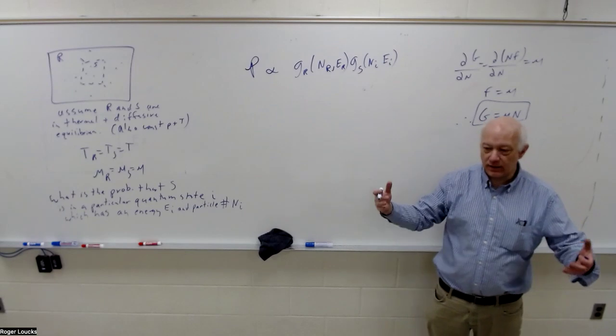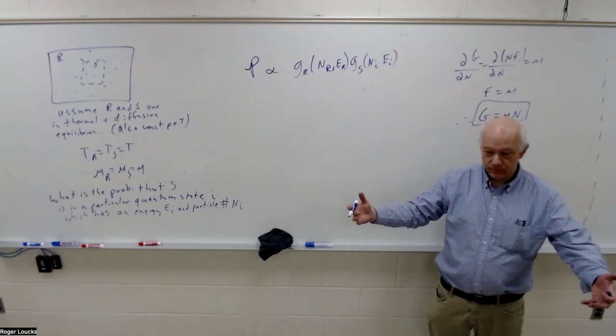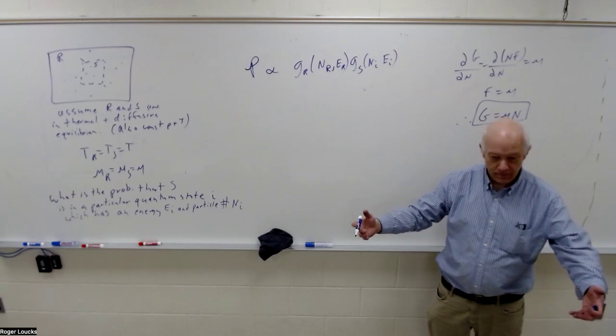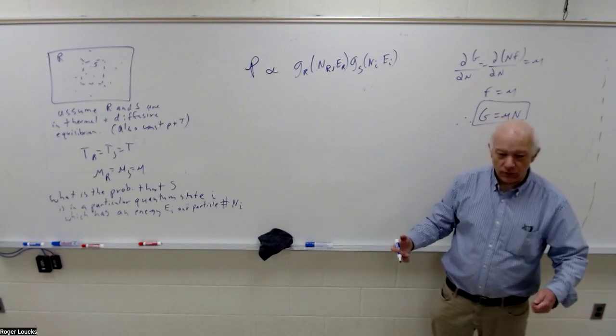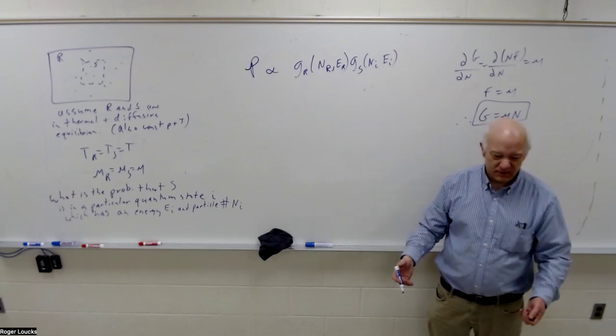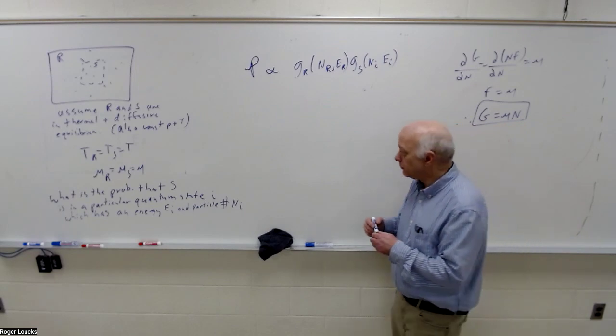This is exactly the same as the canonical distribution. What's another name for canonical? Boltzmann. Would that maybe be a nice thing to know the derivation for on your exam on Thursday? Yeah, I think you might like that.